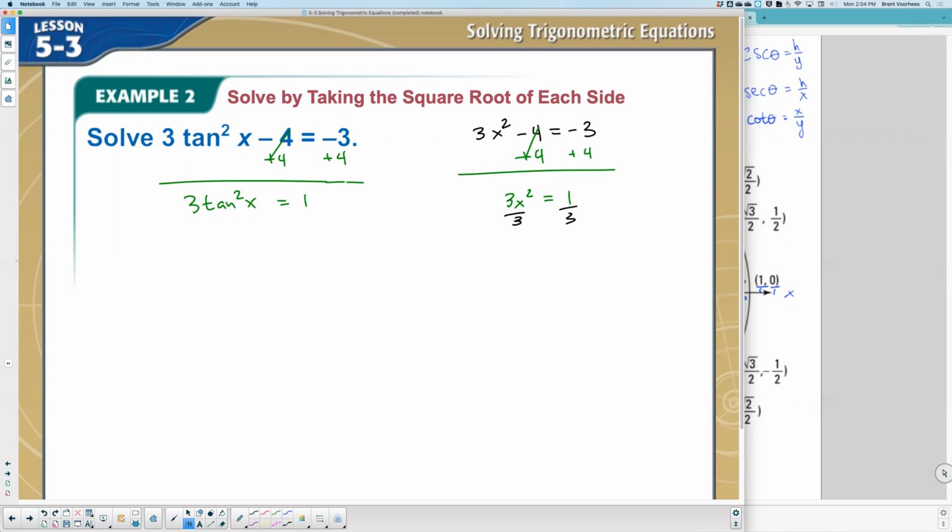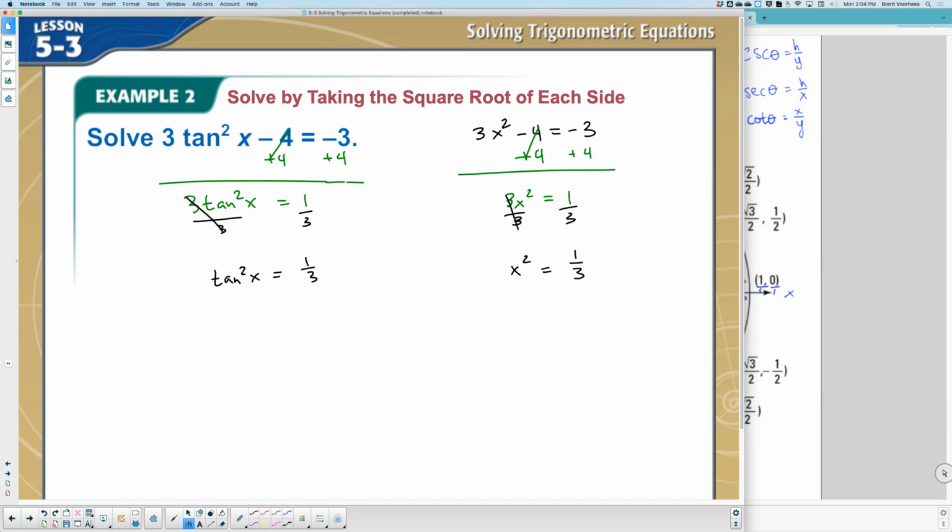So what I'm trying to show you is when you do algebra with trigonometry, you don't do it any different than anything you've learned before. And so we now have tangent squared x equals 1/3, or you could think of it as x squared equaling 1/3. How would you solve that?